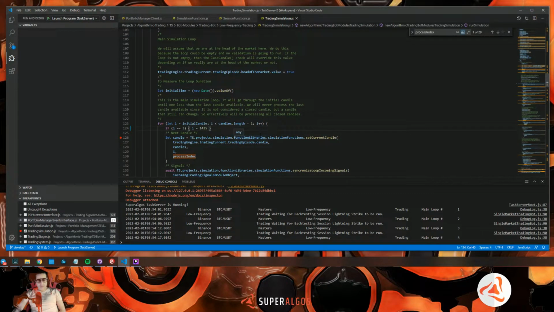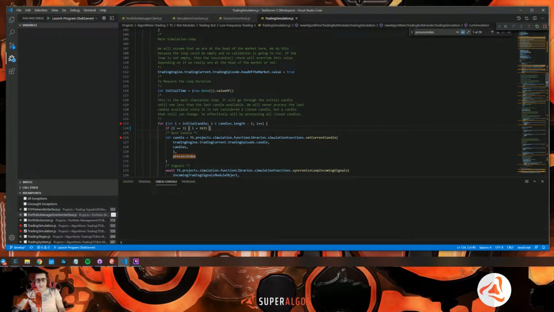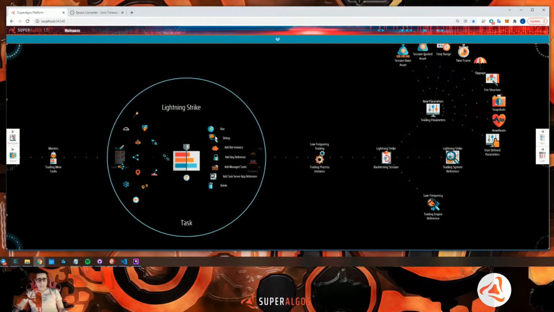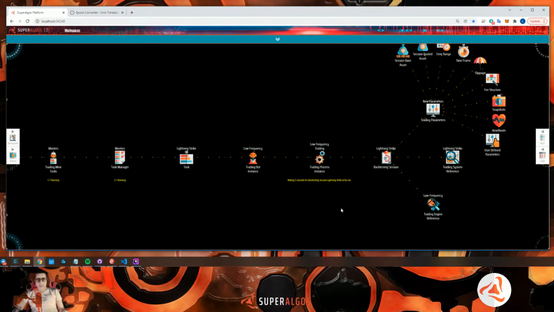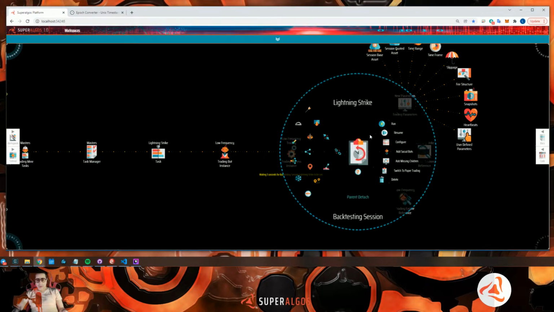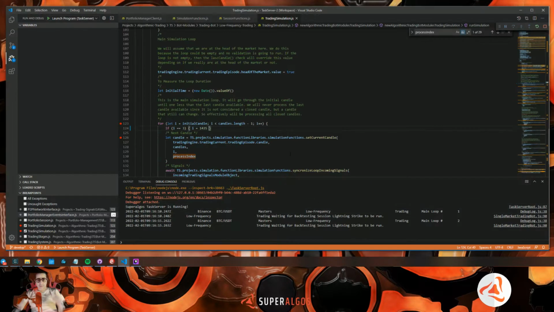I will just put a breakpoint here and here. Okay, so we will run this and debug here. Then run the session and wait for it.